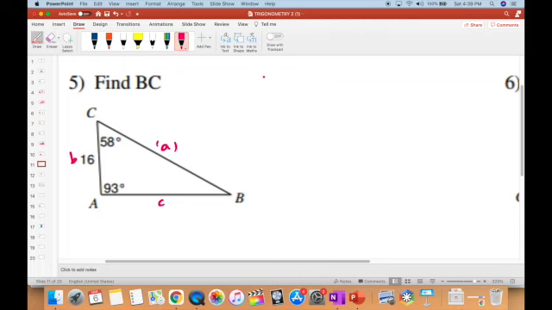Let's check the sine rule. A over sine A is B over sine B is C over sine C. So A is what I want to find, and I have this angle here. I have B, but I don't have the angle B. I could find the angle B though.